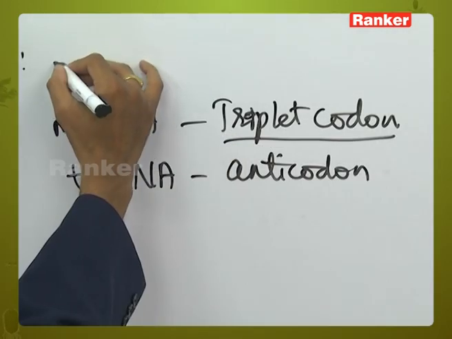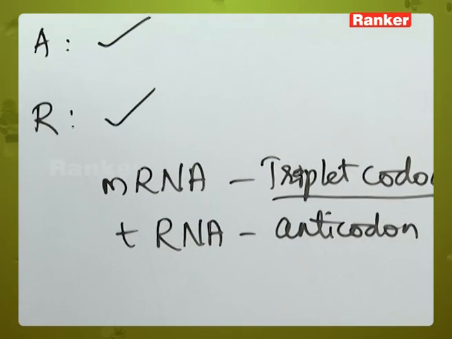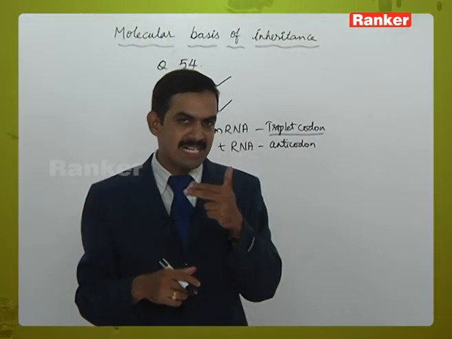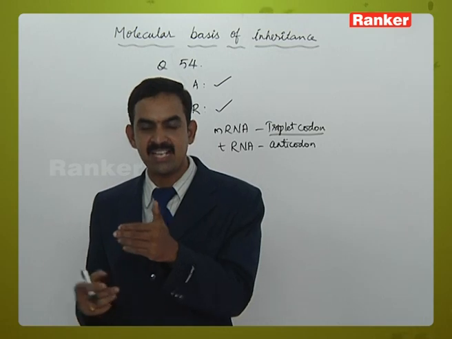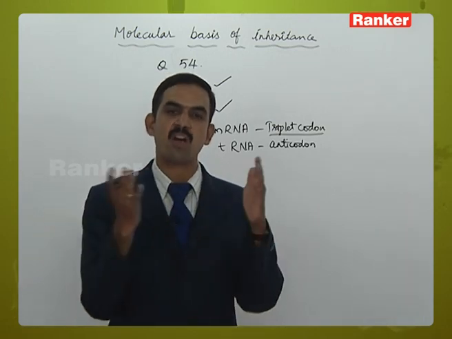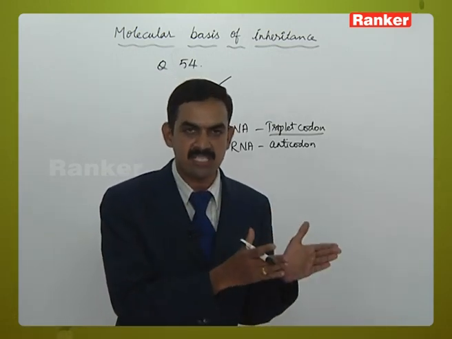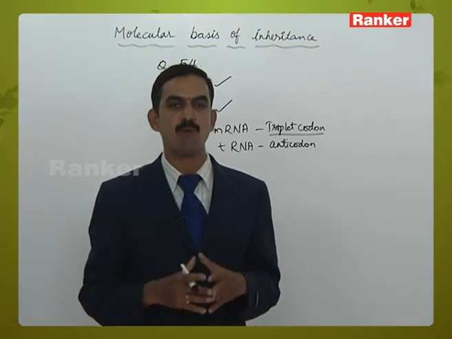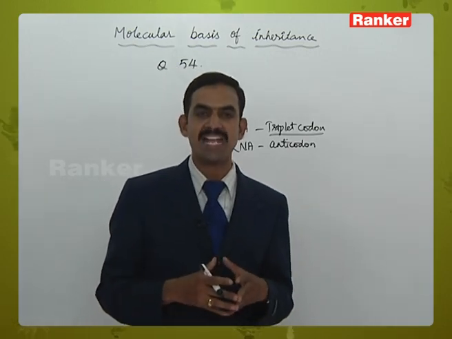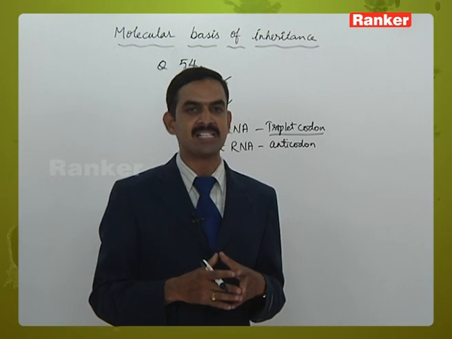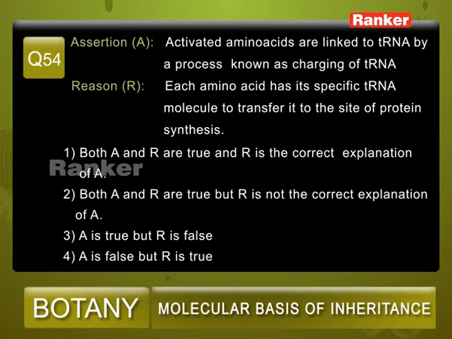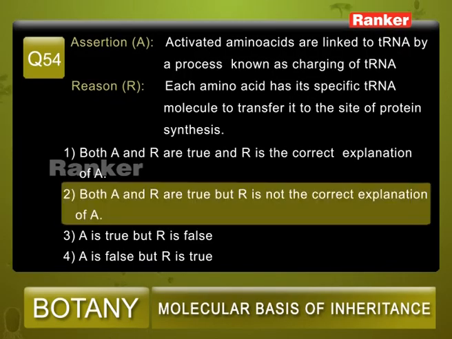So the reason statement is also correct. But the first statement is related to the charging of tRNA, and the second one is related to the transfer of amino acid by tRNA to the site of protein synthesis. So both A and R are correct, but R is not the correct explanation of A. So for question number 54, the correct answer is 2.